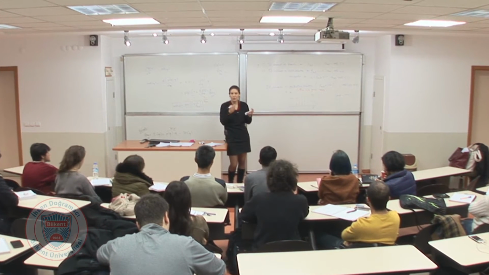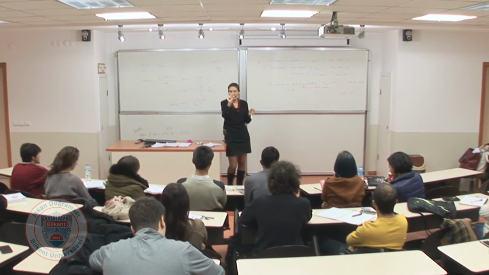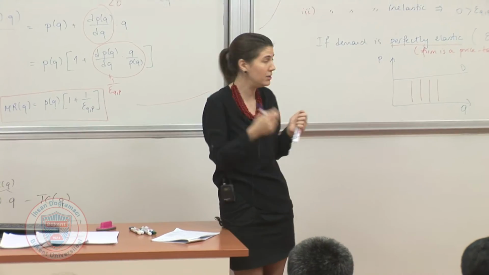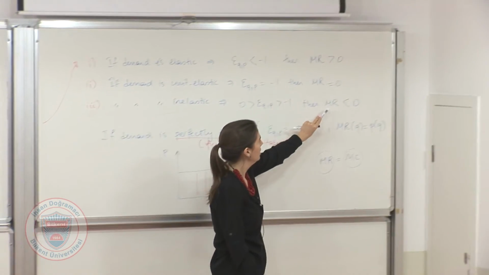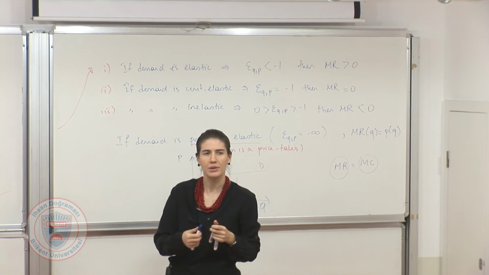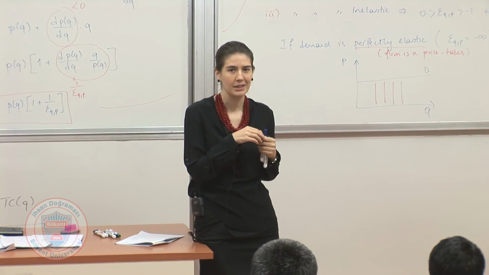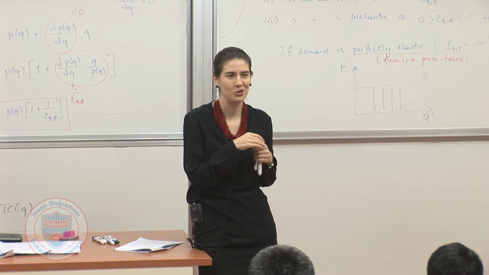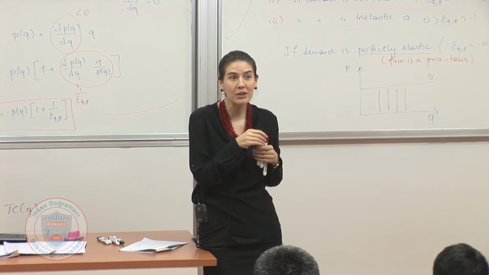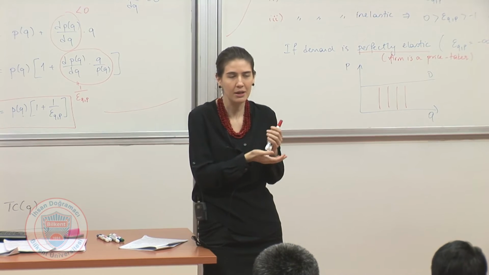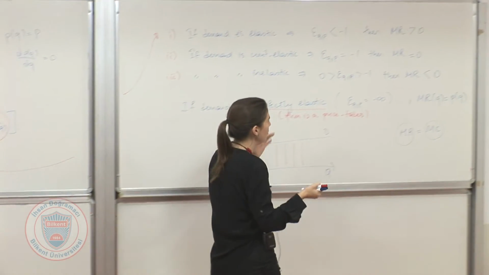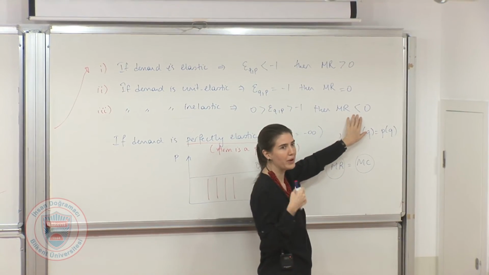So if you produce in that region, where for that quantity marginal revenue is negative, then what should you do? You should decrease production, right? Because apparently you are producing too much.